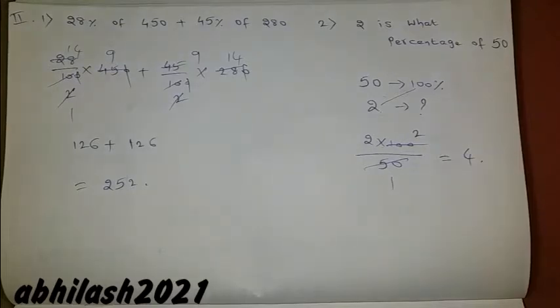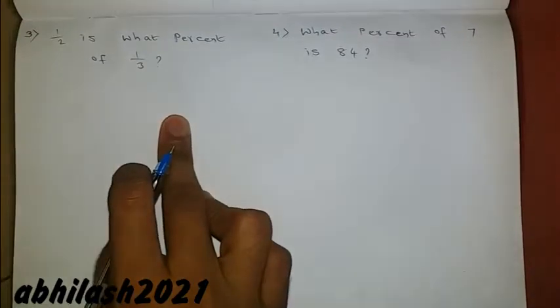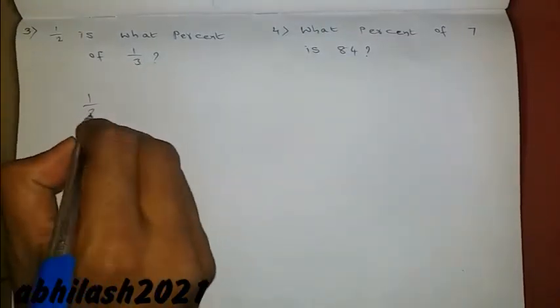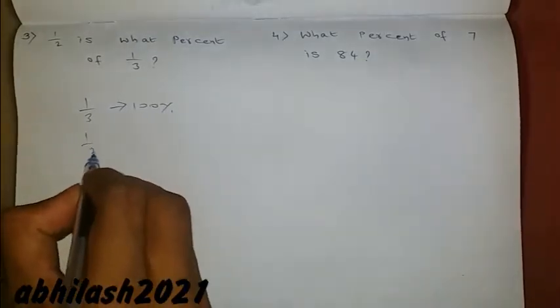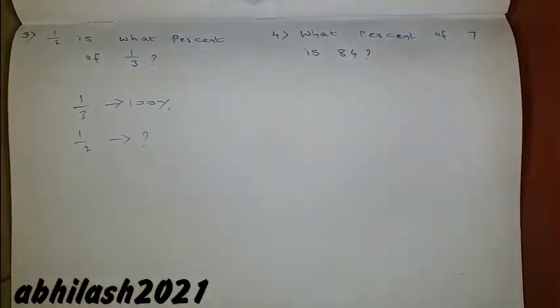Okay, let's move to the next question. 1 by 2 is what percent of 1 by 3? If we take 1 by 3 as 100 percentage, then 1 by 2 will be how much?